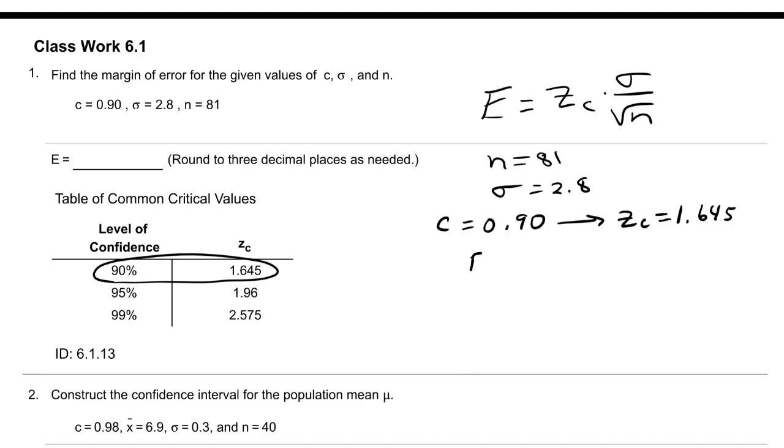So now just plug those in. 1.645 times 2.8 over the square root of 81, and we should get approximately 0.512.